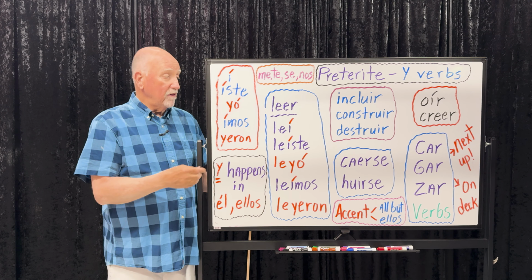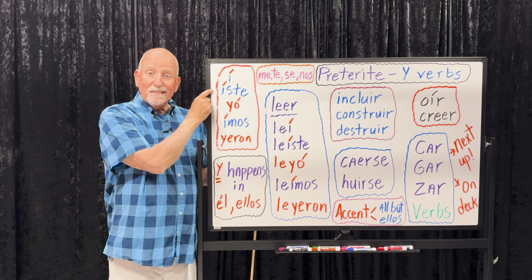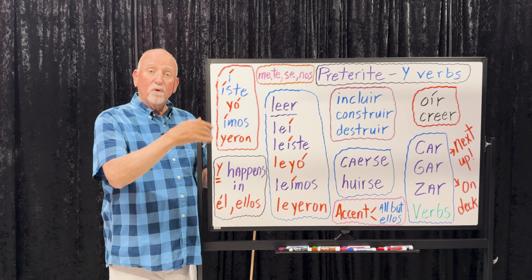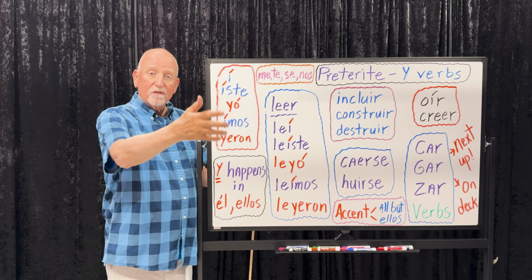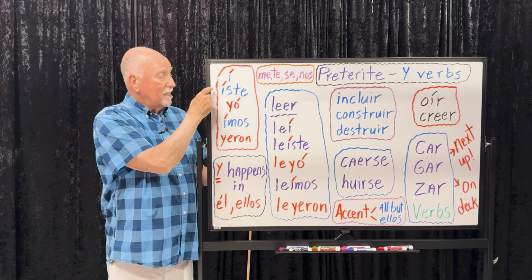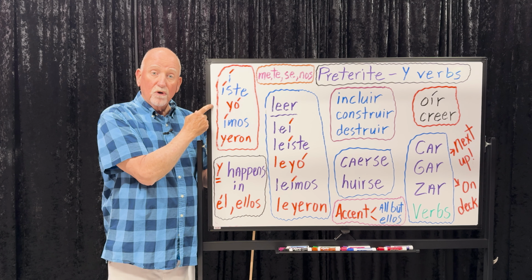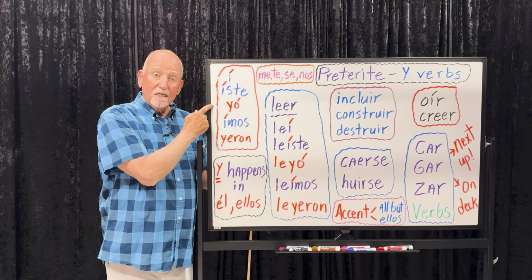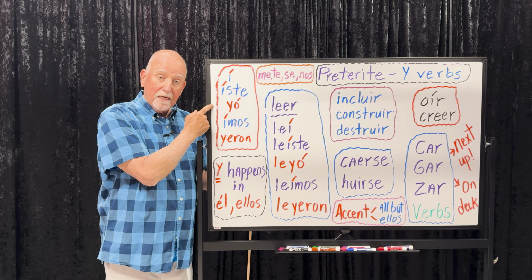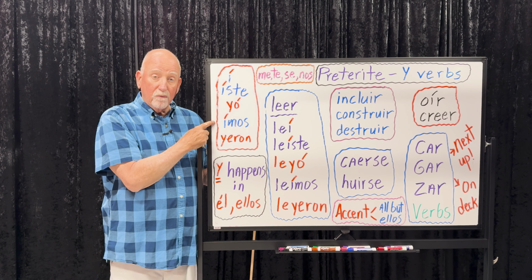It means I fled. Me ui. I fled. Did you run away? Te uiste. Meaning like, did you run away from the crime or whatever the situation had been. She fled. She ran away. Se huyó. He fled the police. Se huyó de la policía. We fled. We left.